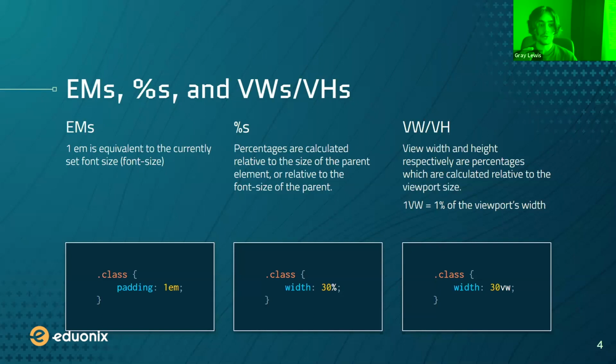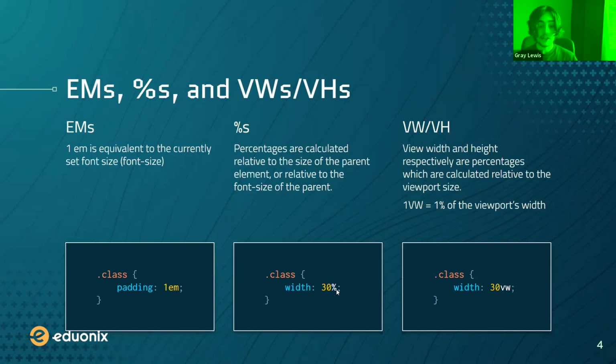The web content is being rendered on a certain viewport, and that viewport is going to define how these units work. So here we have percentages, and this is the syntax of CSS. We have an identifier which tells the CSS which elements we're referring to, and then a property, width, which is defined as 30%.